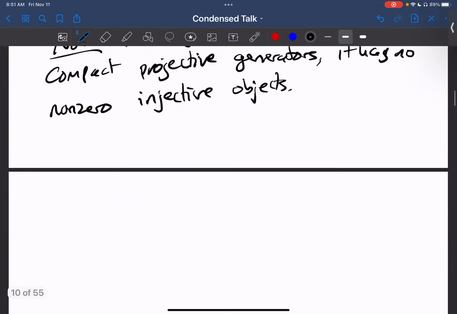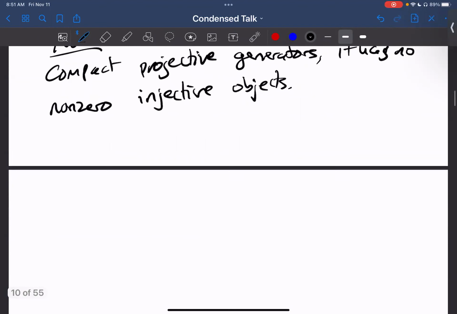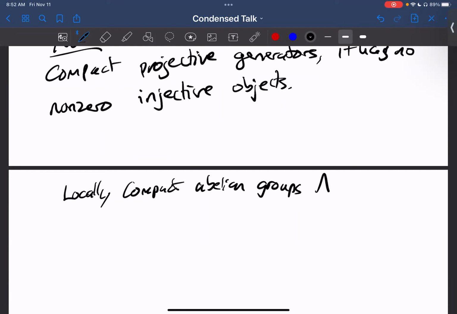All right. In particular, one useful thing there, I'm not going to harp on this story, I'm just going to mention it. Locally compact abelian groups. If we have locally compact abelian groups A and B, we can consider homomorphisms from A to B in topological abelian groups.